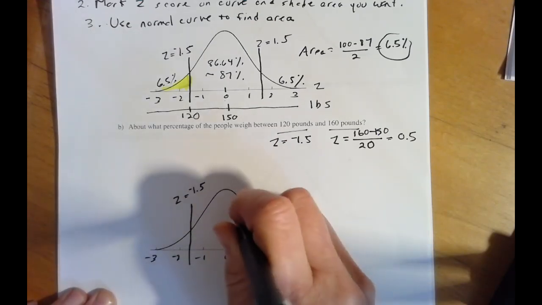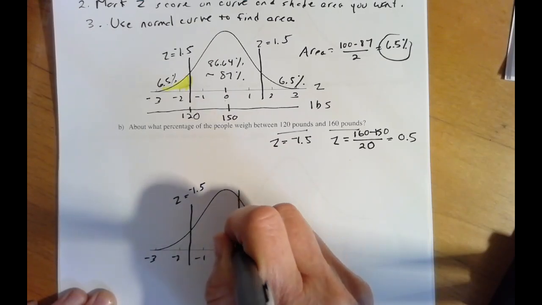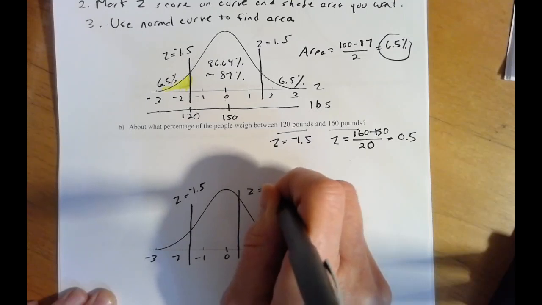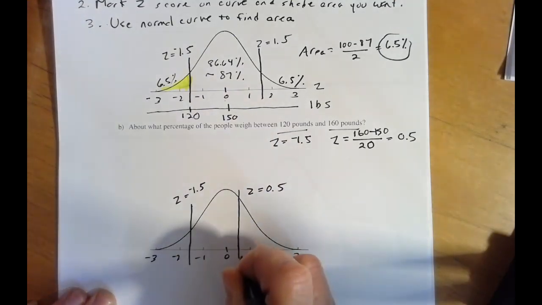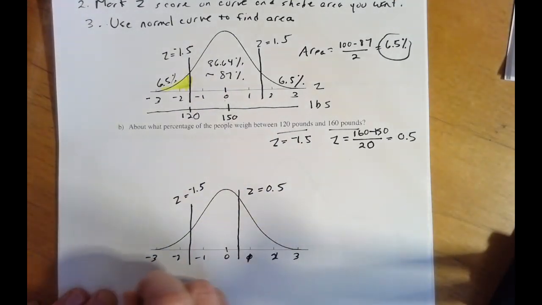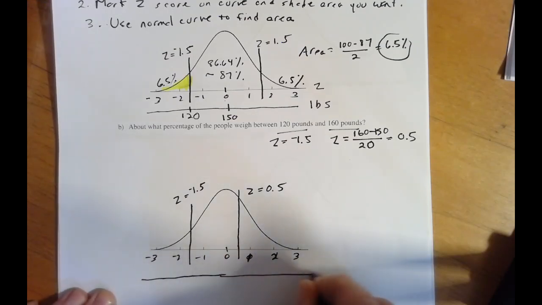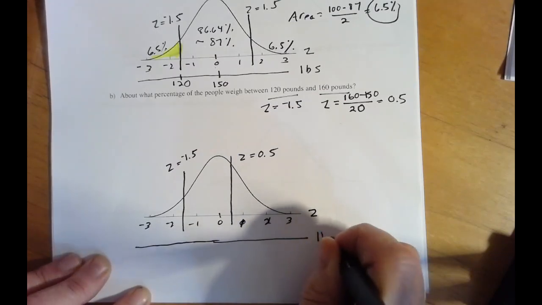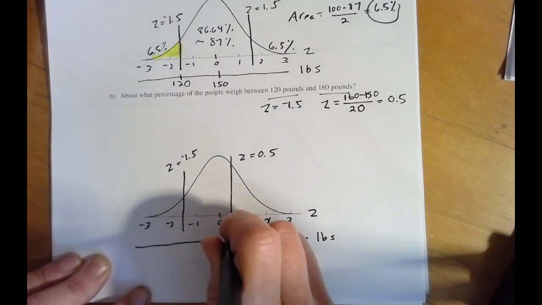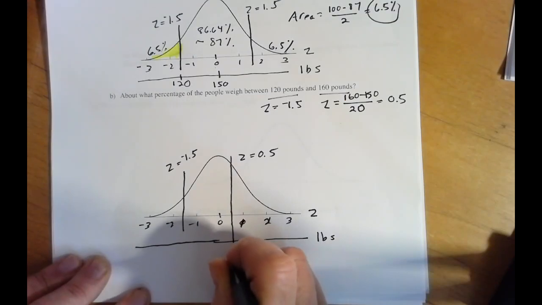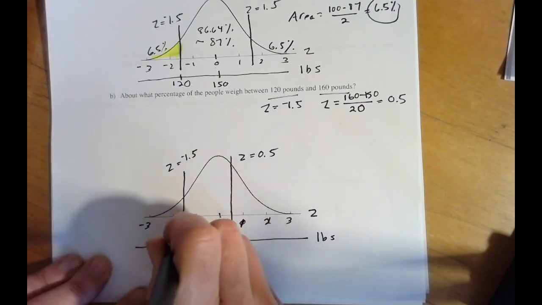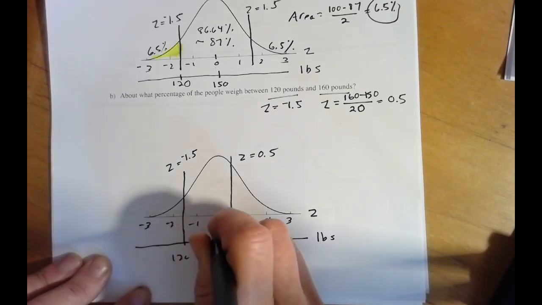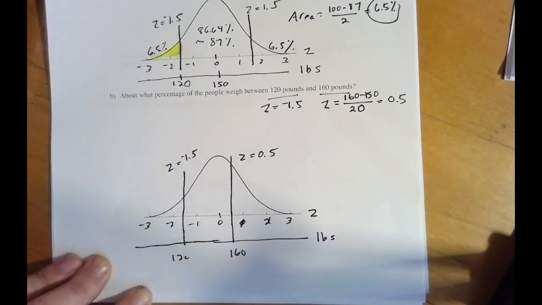And now we can draw in right here z equal to positive 0.5. So this is what corresponds to, let me draw this other axis here. This is the z, and this is the pounds. So this is where we have 160, and this one was 120. And of course, we're trying to find that area there.